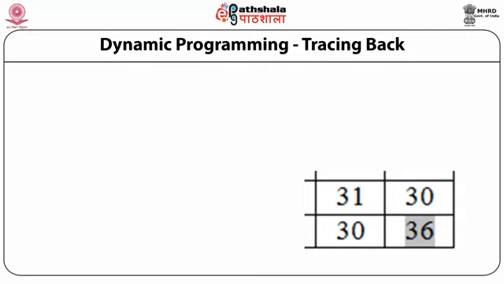Now trace back from the lower rightmost cell with a score 36. Tracing back is always to that adjacent cell which has the highest number.